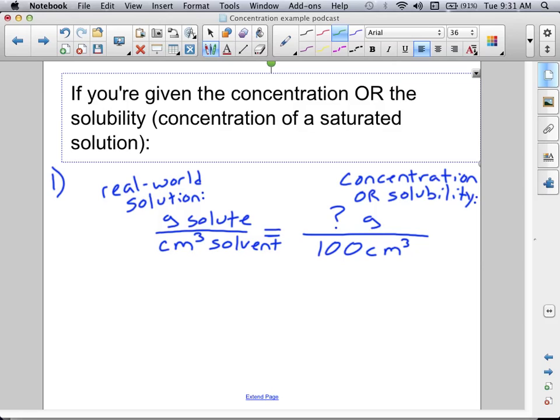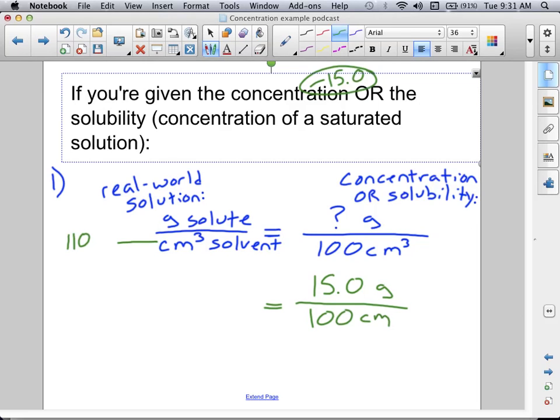It gives you the concentration, which is 15.0, and it also gives you the centimeters cubed of the solvent, which is 110. So when I set up my proportion, my concentration, 15.0 grams in 100 centimeters cubed, goes here on the right.